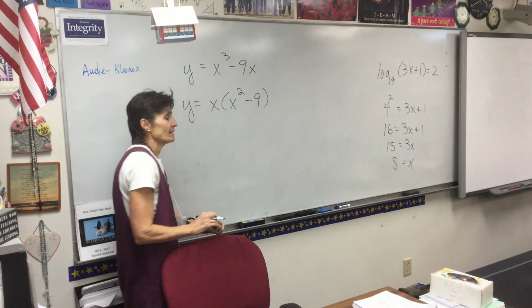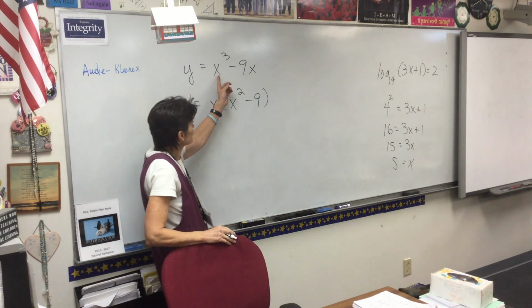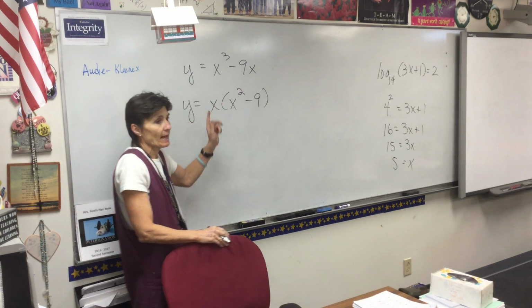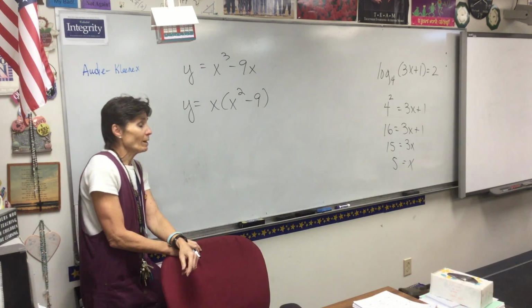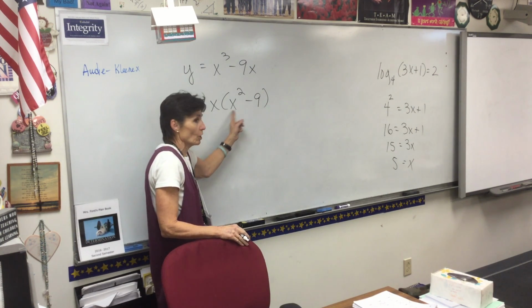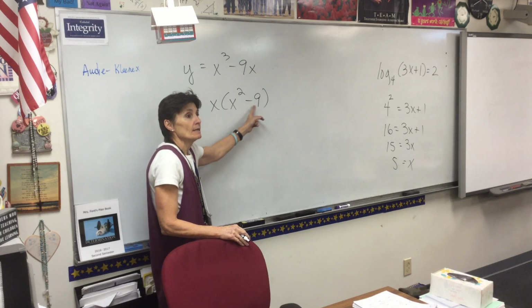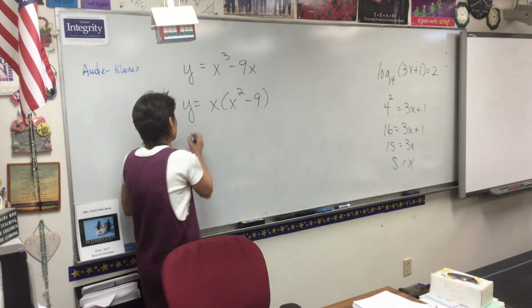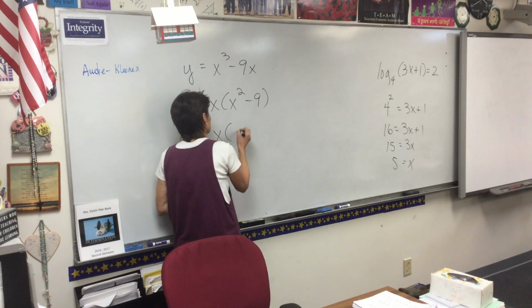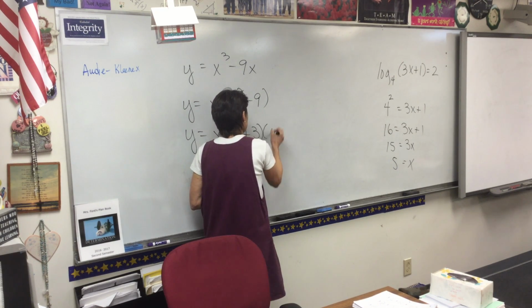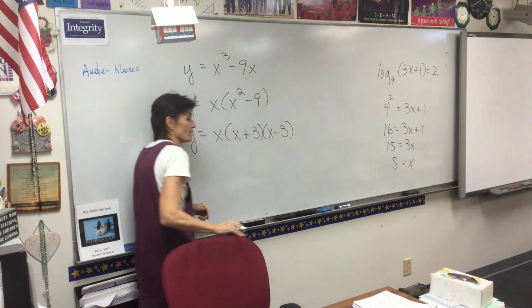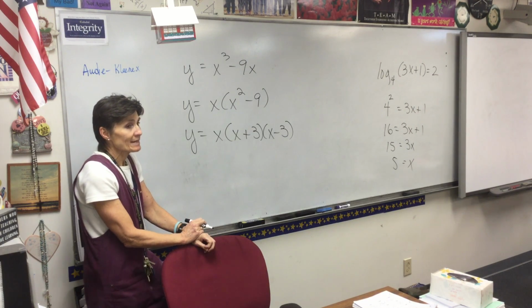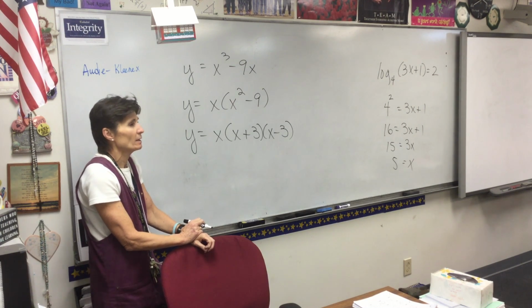So he looked at it and said, hey, look, there's an x that I can take out. So once he did that, now look. Where's minus 9? It's the difference of squares. Oh, shoot. So we have x plus 3, x minus 3. That difference of squares pops up a lot.